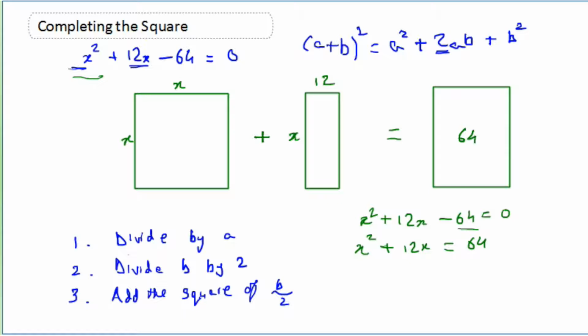Now the third step was to divide b by 2. What we are trying to do by dividing b by 2 is divide 12x into two parts. To do that, let me draw a line across this so that we can divide it into two equal parts. Okay, so we have divided b into two parts.